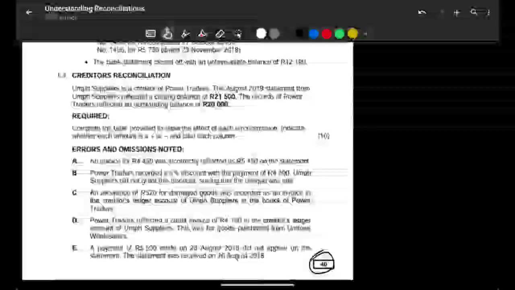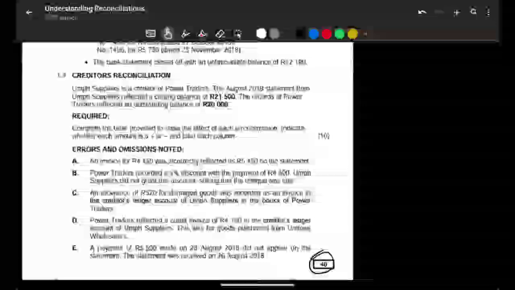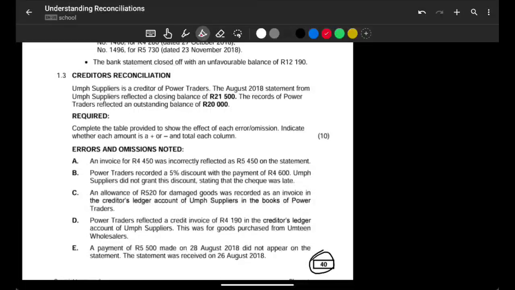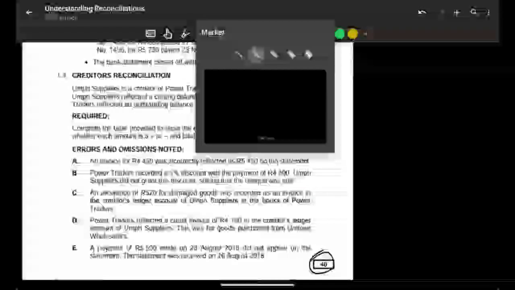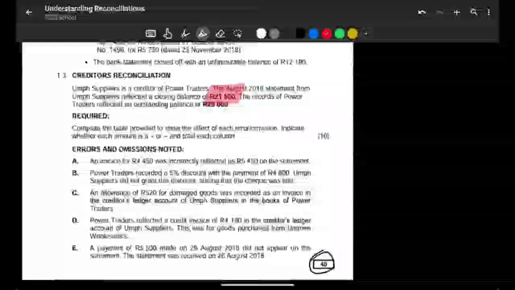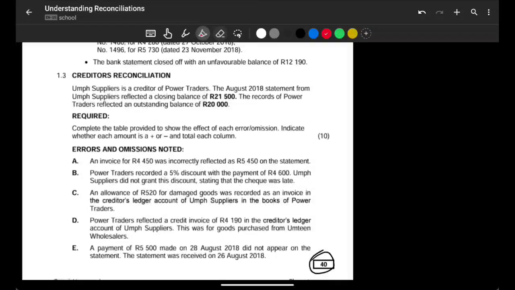Supplies is a creditor of Power Traders. The August 2018 statement from Supplies reflected a closing balance of 21,500, so this is the balance from them, Supplies.